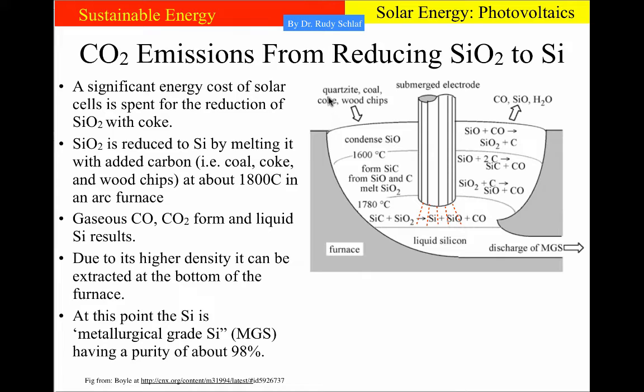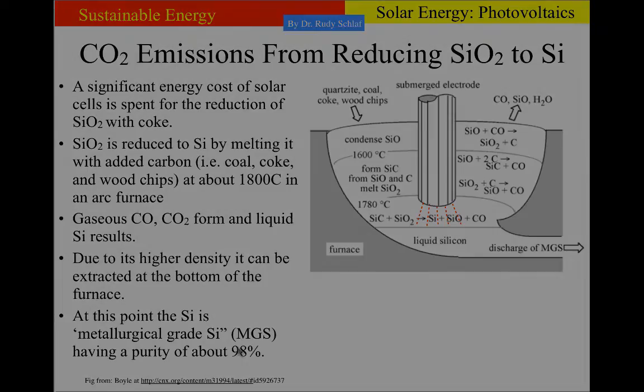It can be coke or wood chips, coal, and as the silicon oxide is being heated with this carbon present, carbon dioxide and carbon monoxide form and take away the oxygen from the silicon, and that results in a relatively pure silicon melt at the end. So this process yields about 98% pure silicon. An issue, of course, with this process is that carbon dioxide is being emitted while making pure silicon.